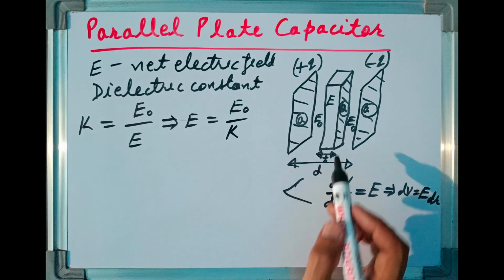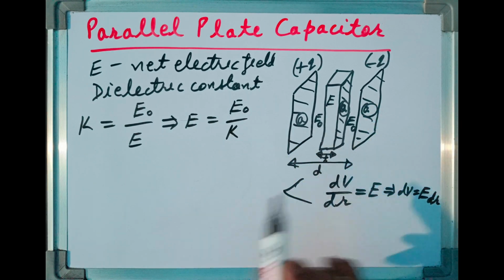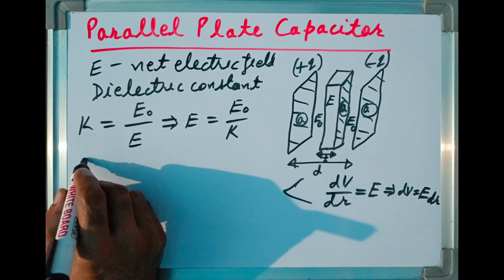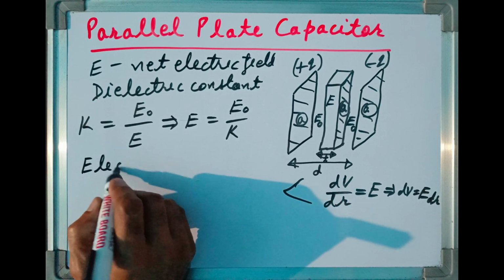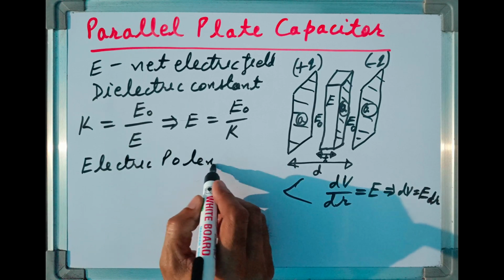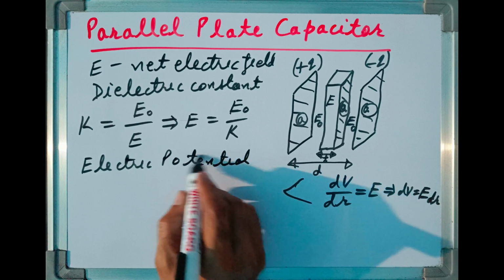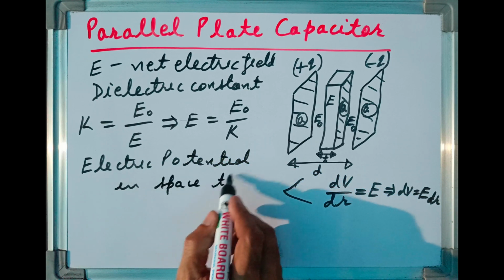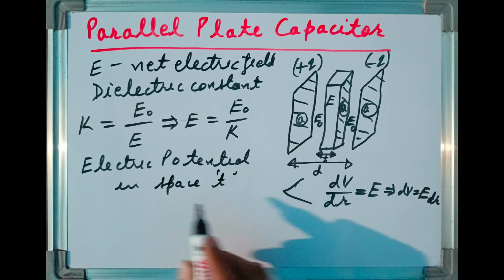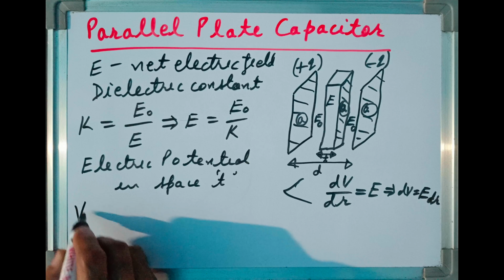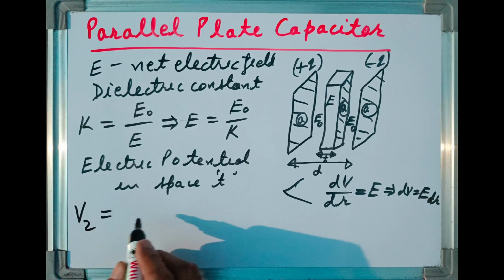So this is the electric field within the space t. Using this, I can find electric potential in this space. Electric potential in space t. Earlier we have calculated electric potential in space d minus t. Let me call it potential V2.